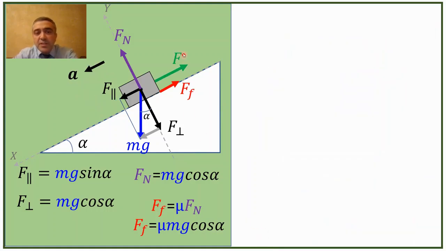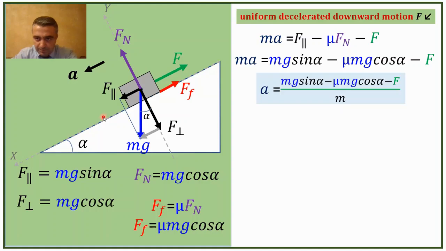And if the direction of the green color force is opposite to the x-axis, this green color force, like a friction force, opposes the object going in the downward direction.